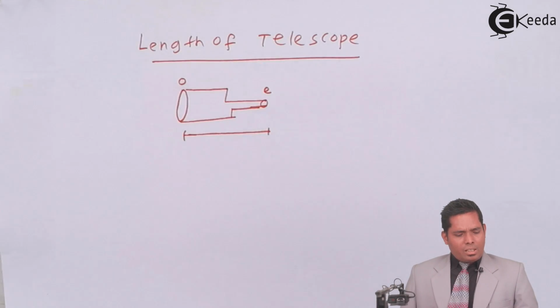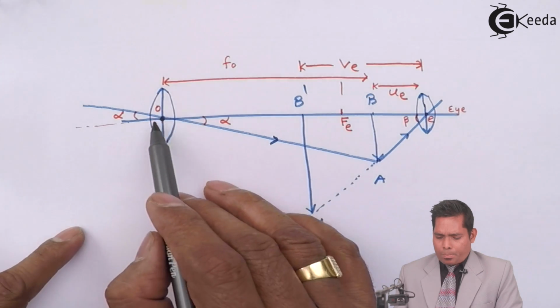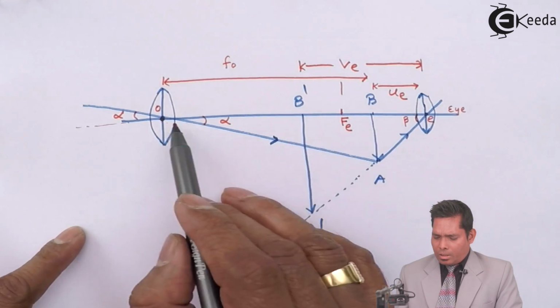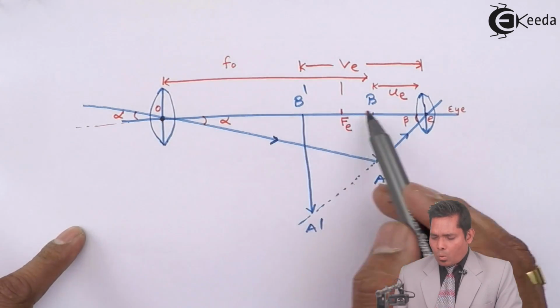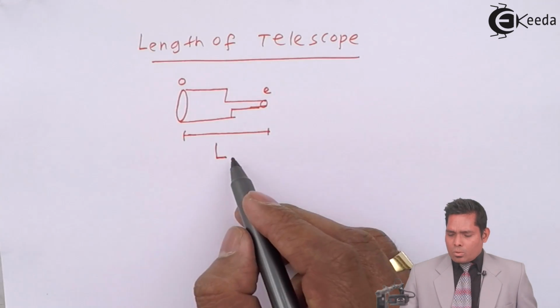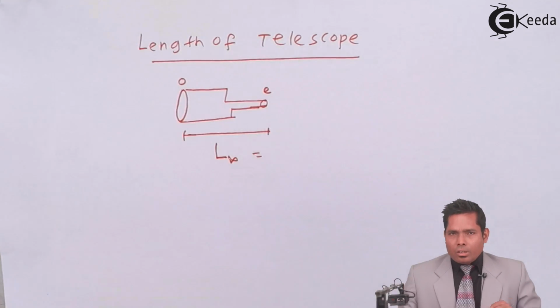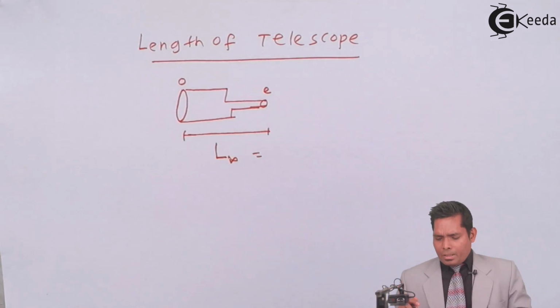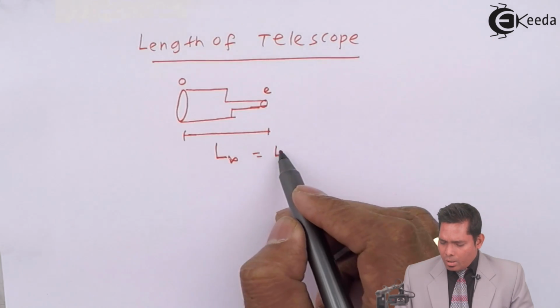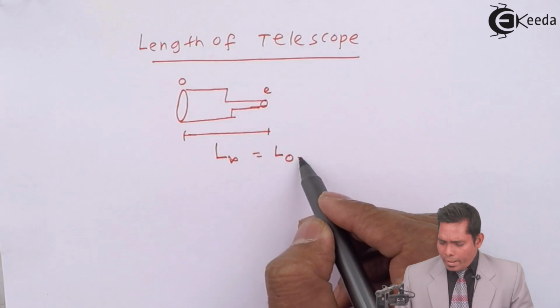What we have seen in the diagram is that the objective is placed here, the eyepiece is placed here, and the distance is this distance, that is OE. So basically the length of the telescope when the image is formed at infinity is the distance between the objective and eyepiece. So therefore this is L, length between O and E.